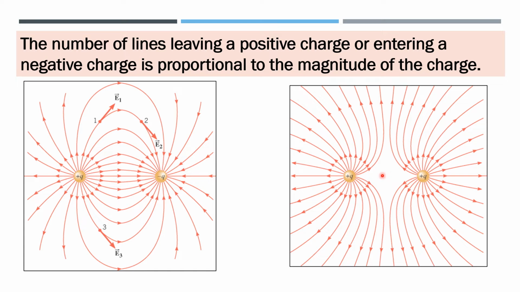As you can see, the electric field lines seem to oppose each other, and there is a point where there is a total cancellation of the electric fields, resulting in a zero net electric field. So there is a difference between these two cases in terms of determining the net electric fields brought about by two charges or center charges.